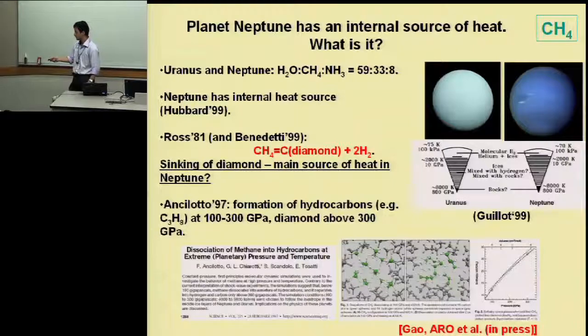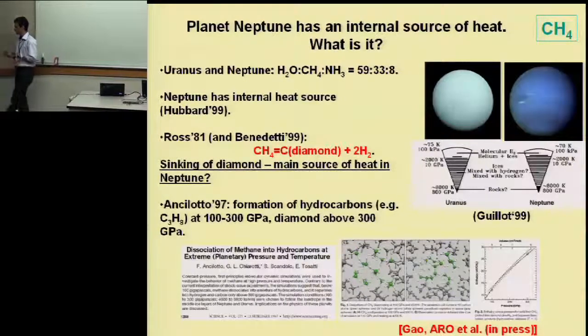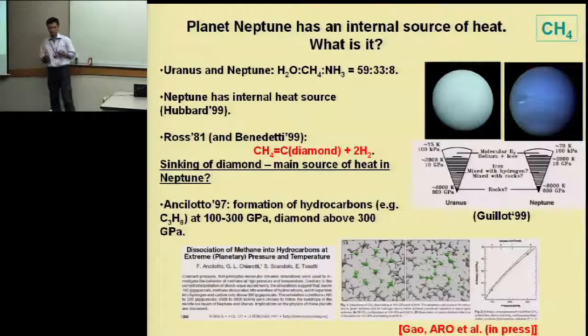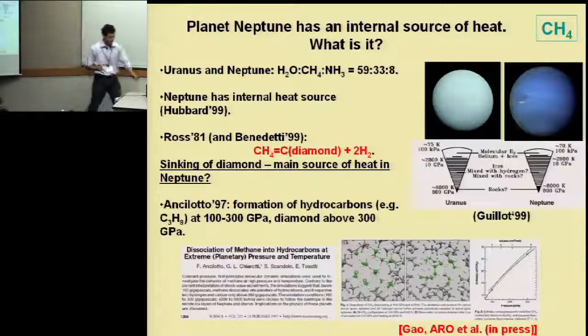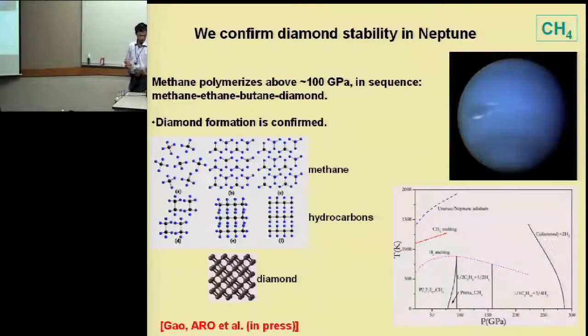Calculations were state of the art at that time. The trouble with molecular dynamics is that it is not really a very suitable method for observing chemical reactions because you get trapped into local minima, into metastable products, and you can never be sure what you actually generate. What we have done was to address it with our evolutionary method.